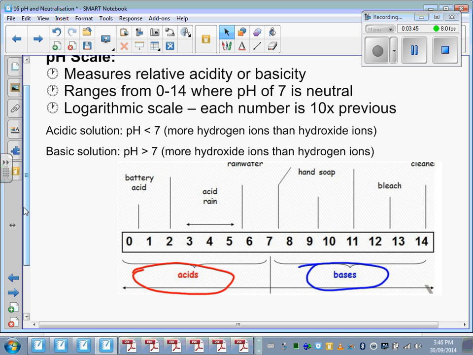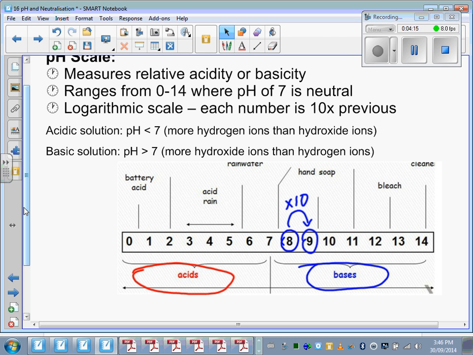So for example, a pH of 8, we're talking about a very weak base. Now, if you look at a pH of 9, when we go from 8 to 9, 9 is actually 10 times stronger than a pH of 8. Okay, so as you move away from the center of a pH table, the bases or acids become stronger.